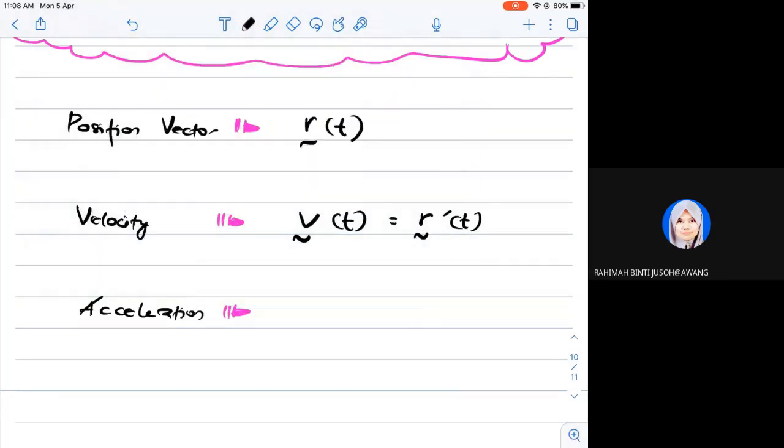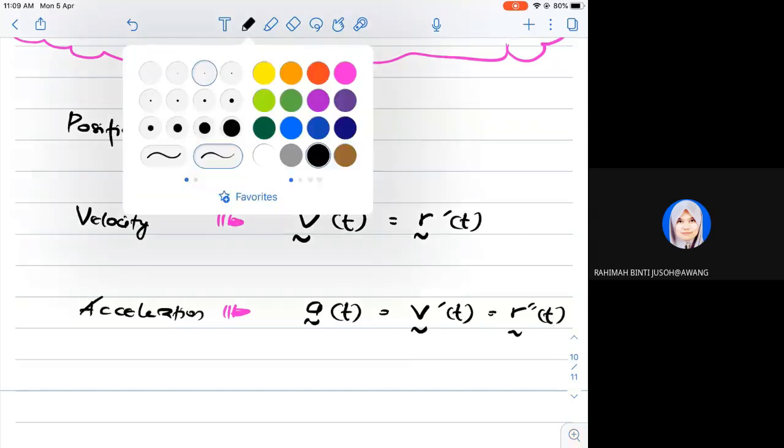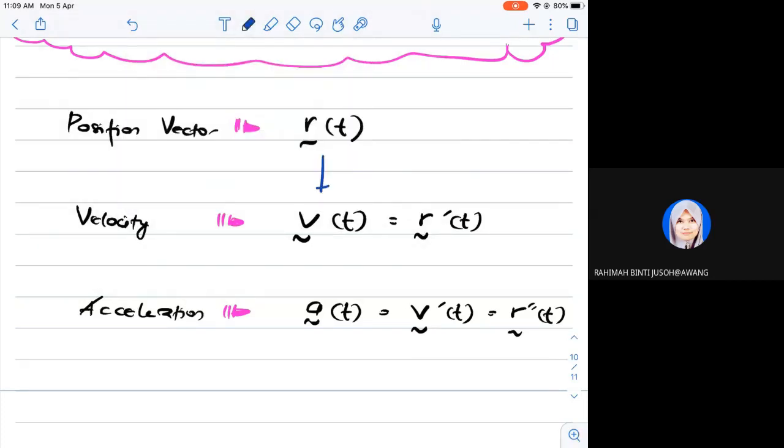So acceleration denoted as A equals to V prime T. Differentiate V pula. Ataupun R double prime T. Macam itulah. Okay, so flow dia macam ni guys, daripada atas ke bawah. Maksudnya you are given R, you want to find the velocity, you have to differentiate. Yang ni pun sama, differentiate.